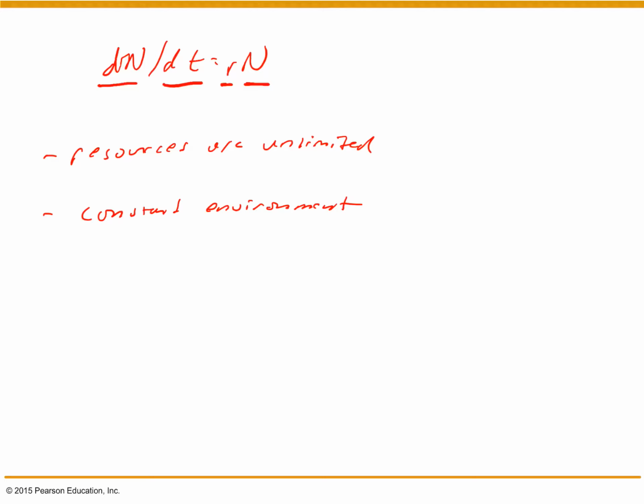And also, as the density of a population increases, demand for resources increases as well. So the question becomes then, what happens to the population when resource consumption is greater than replenishment?